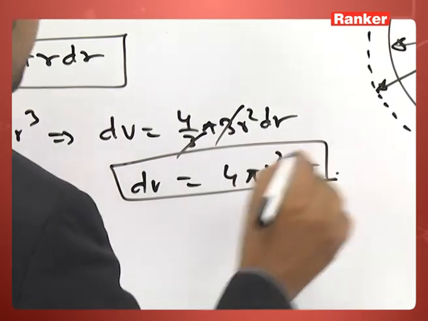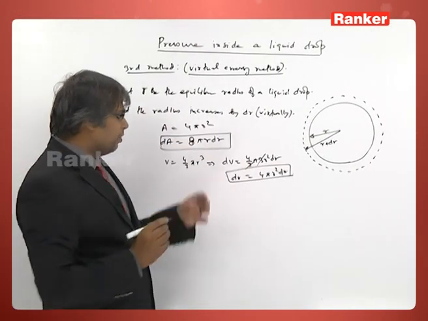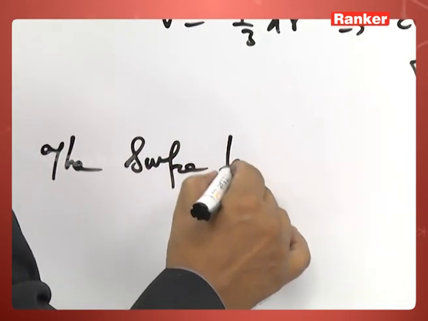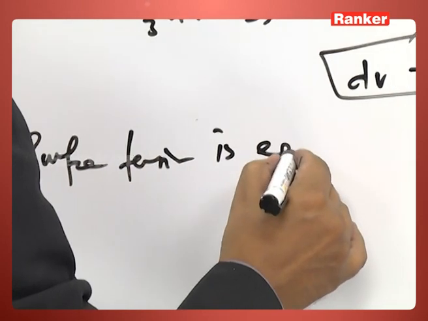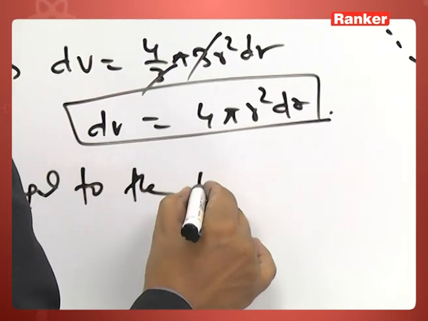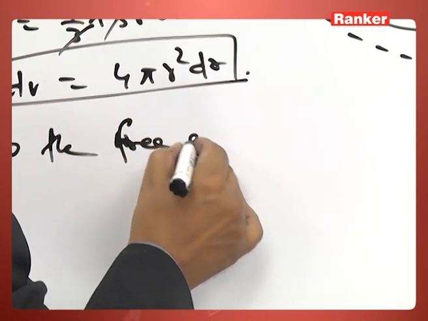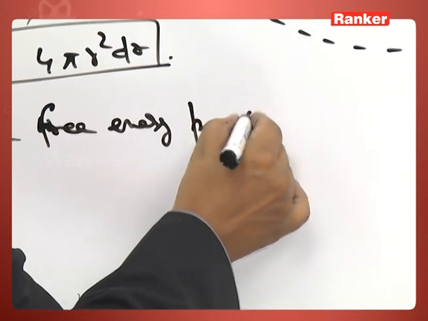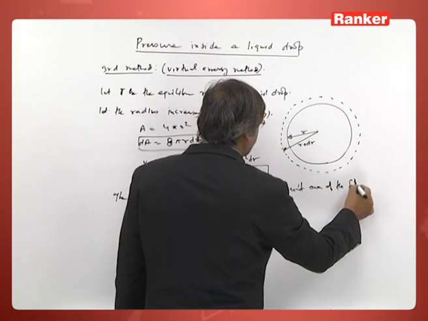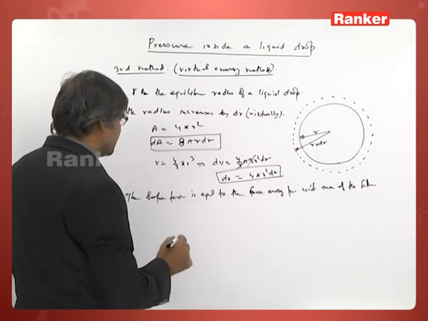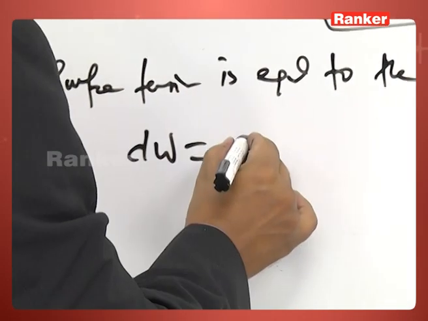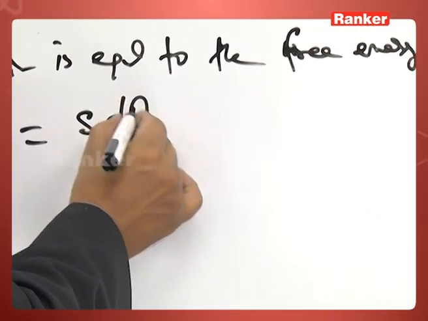Now, we know that the surface tension is equal to the work done or the free energy per unit area of the film. That means whatever work we have done will be S into dA.